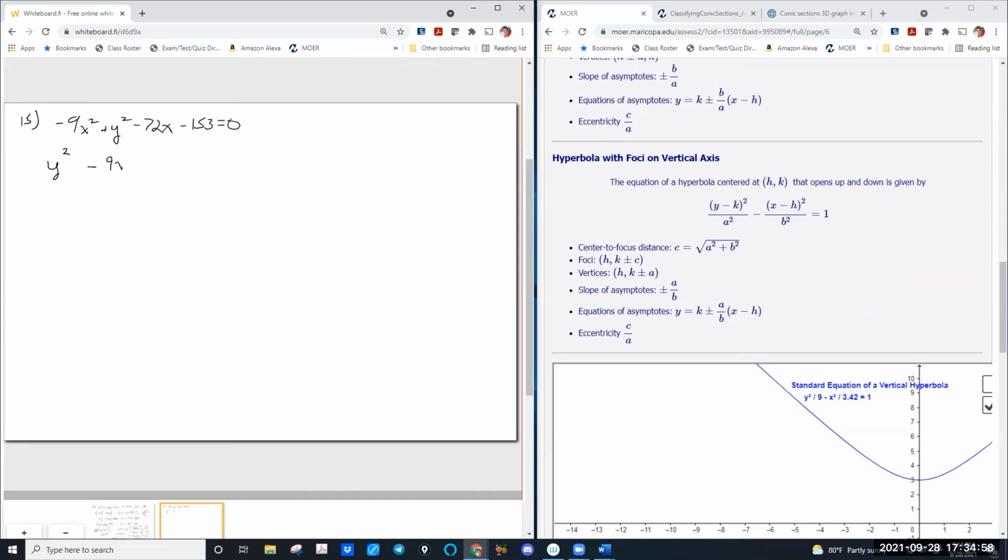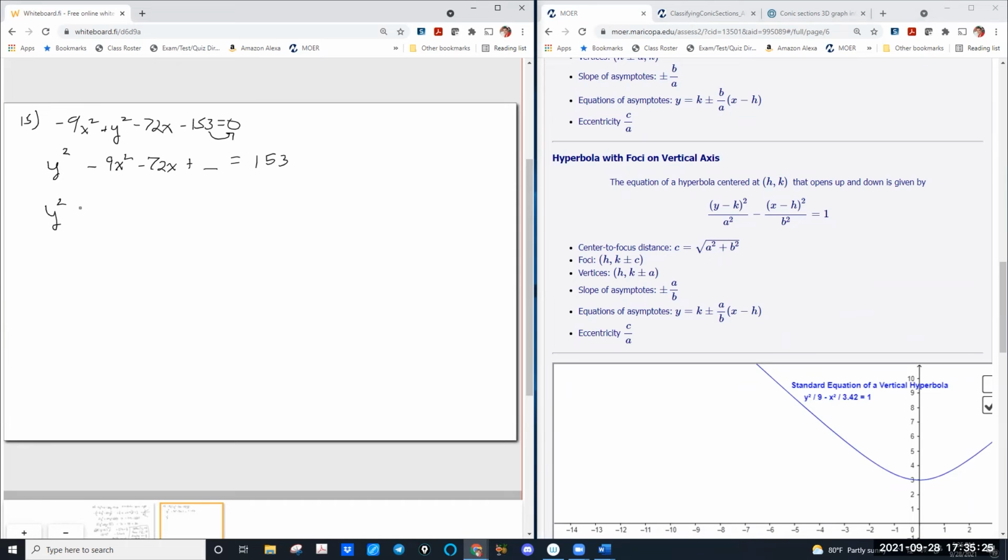Now minus 9x squared minus 72x, and then I'm going to be adding some number on the end. I'm going to take the 153, bring it over to the other side with addition, so equals 153. So we only have to complete the square on the x, but if there was another y term, we would do it for the x and the y.